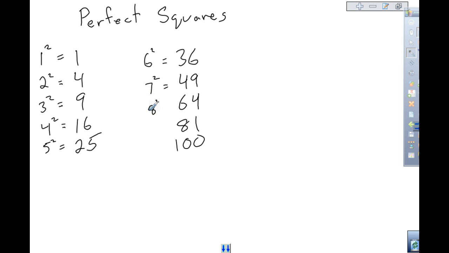When we look at a problem, we're going to see, is it made up of these numbers? Does it have a 9 and a 64? Maybe it has a 49 and a 25 in it. That's going to be like a red flag in your brain to use the shortcut we're about ready to go over.